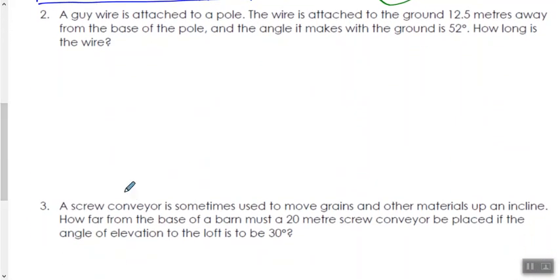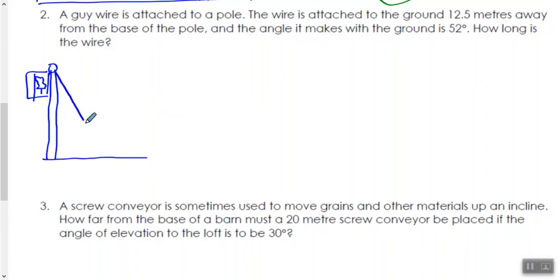Next question. A guy wire is attached to a pole. It's a guy wire, you say. So here's our pole. Here, let's say it is a flagpole. That's a Maple Leaf. Okay, obviously. So a guy wire is a wire that is holding a pole in place.